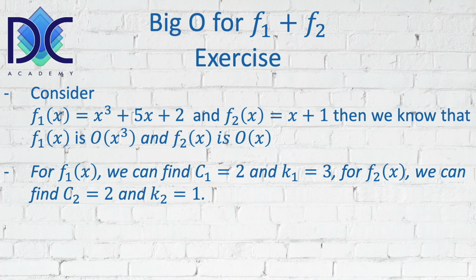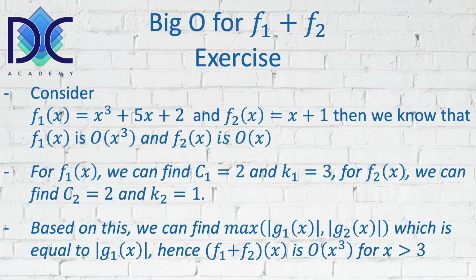These are the witnesses to prove that f1 is big O of x to the third. For f2 of x we can find c2 equal to 2 and k2 equal to 2. Those are the witnesses for big O of x.